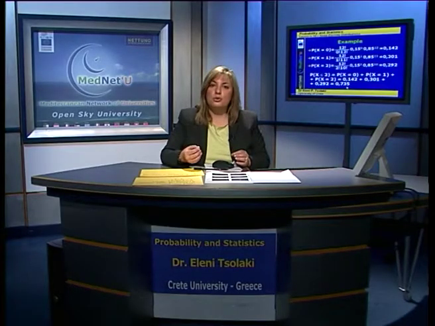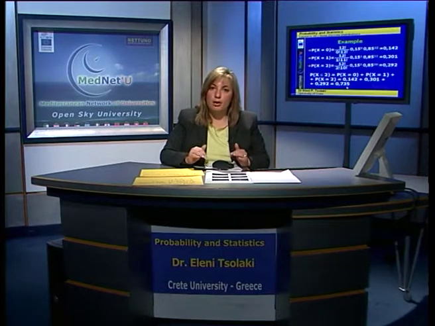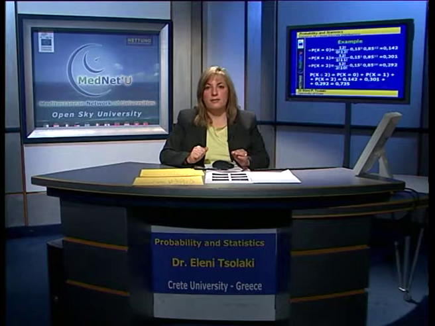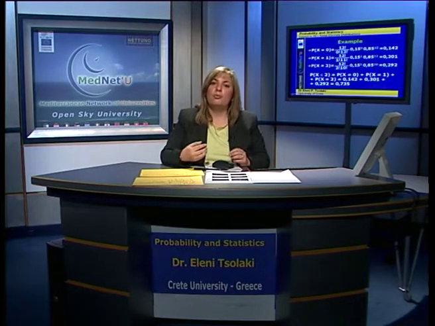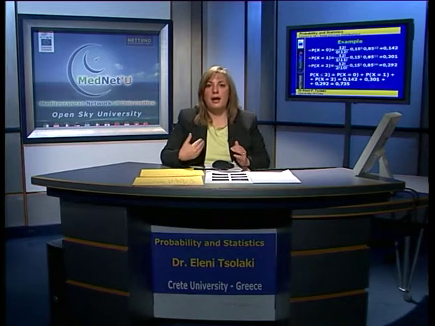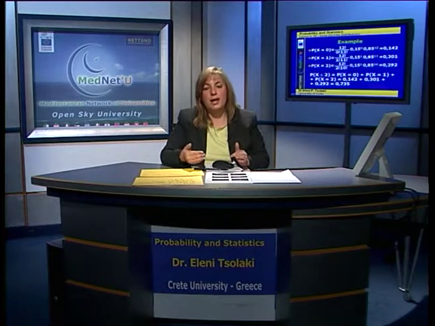Now we are going to use the formulas we have seen for the mean and the variance for the binomial distribution to calculate the mean and the variance in this case. We do not need to do calculations every time to find the mean and the variance.